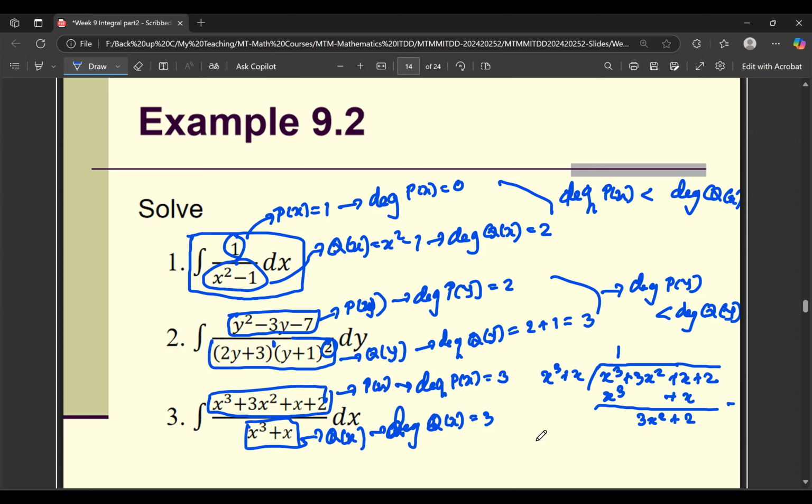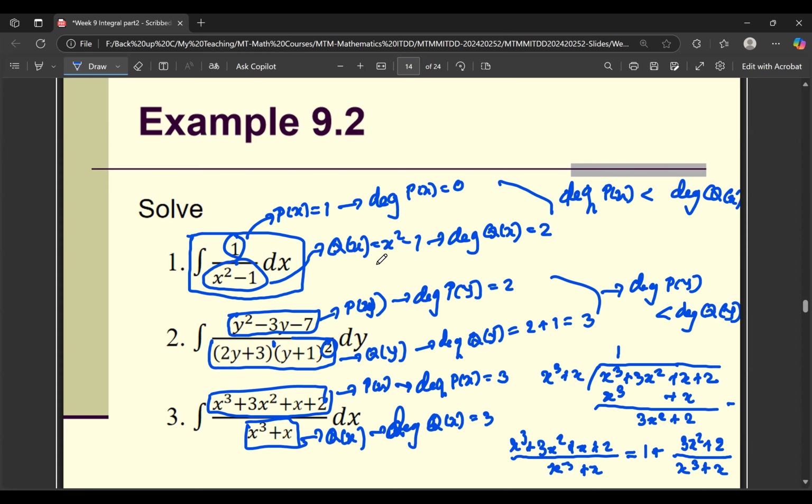So px, x cubed plus 3x squared plus x plus 2, divided by x cubed plus x, we'll have 1, and the remainder is 3x squared plus 2 divided by x cubed plus x. So we must divide first for example 3.